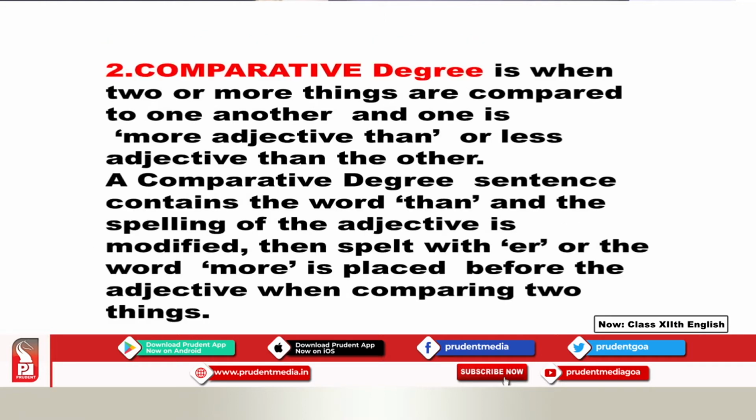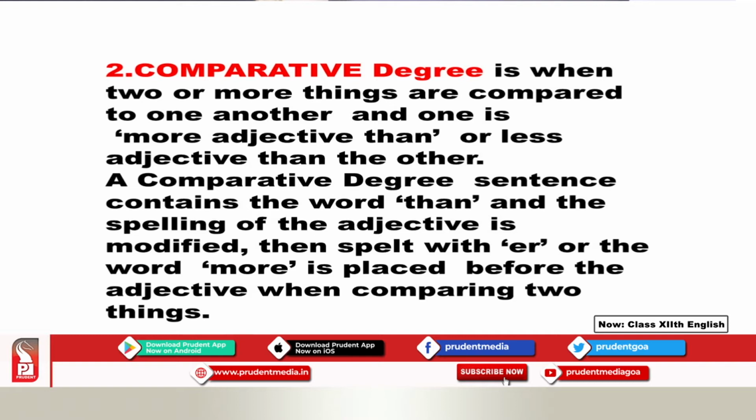Next, we come to the comparative degree. Comparative degree is when two or more things are compared to one another, and one is more adjective than or less adjective than the other. A comparative degree sentence contains the word than.